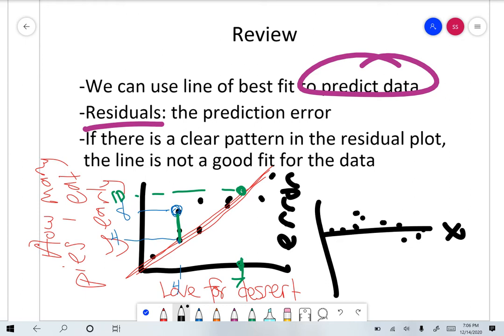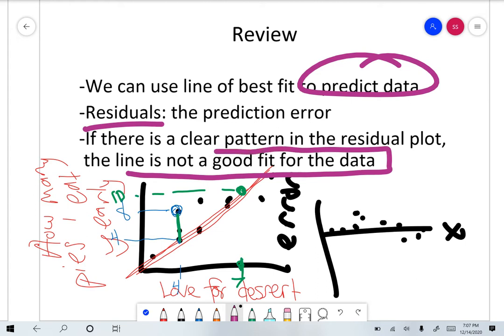Now, if we're looking at residual plots and we're asked if a linear line is a good fit for the data, if there is a clear pattern in the data, like it goes like this, or like this, or like an arc of some kind, if there's a clear pattern on the residual plot, it means that whatever model you chose, so linear versus exponential.